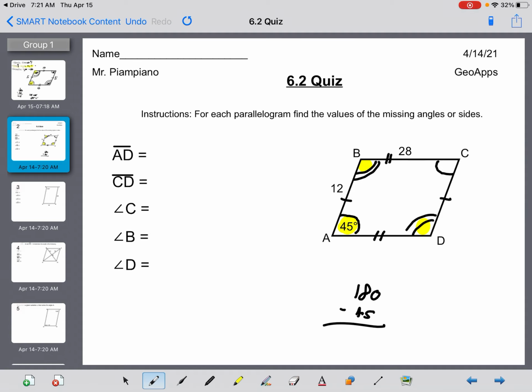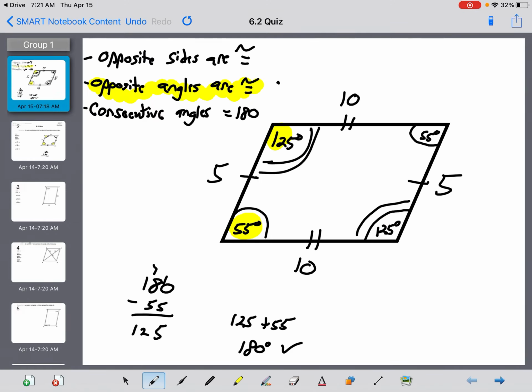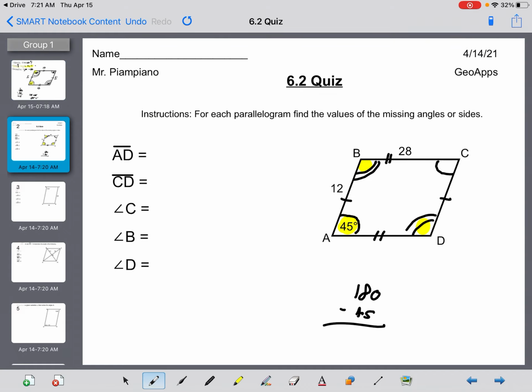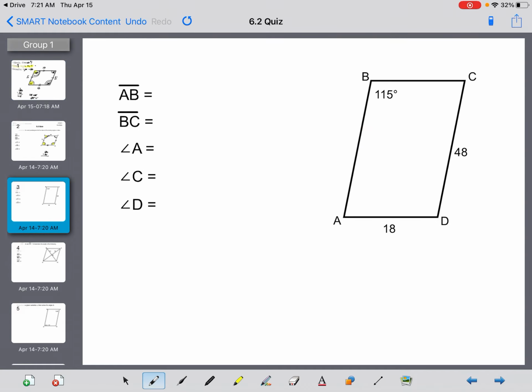Okay, so try and fill this out as best as you can, knowing what I just explained. Your first 2 questions are identical. You know that AB is congruent to CD, that BC is congruent to AD. You know angle B is congruent to angle D, and angle A is the same as angle C, which would be 180 minus 115.